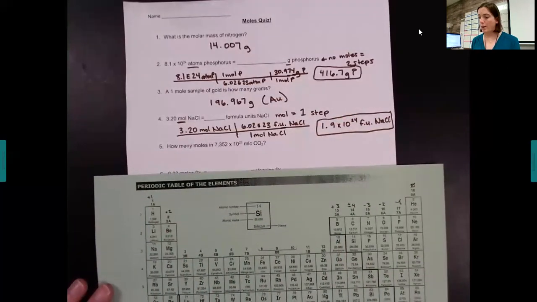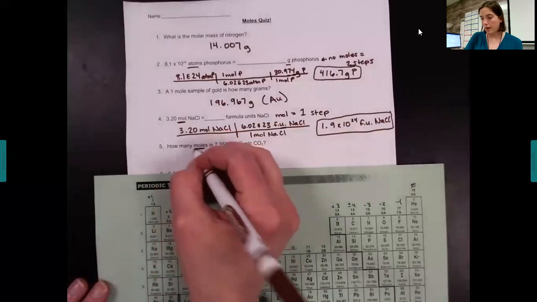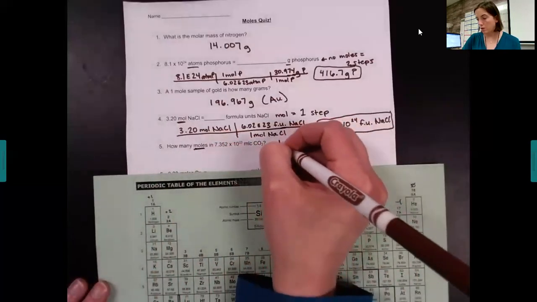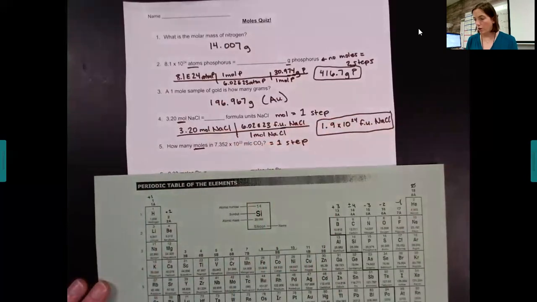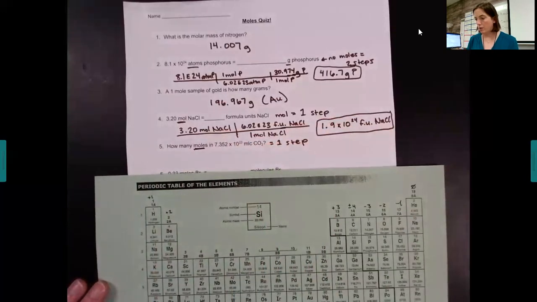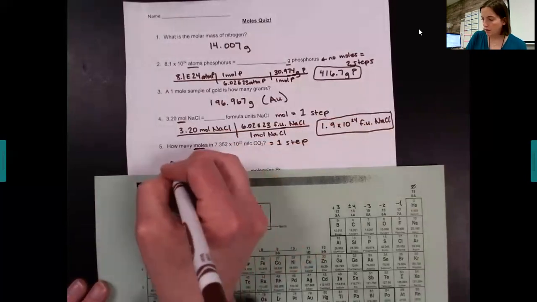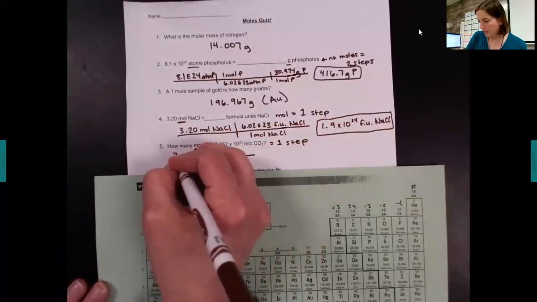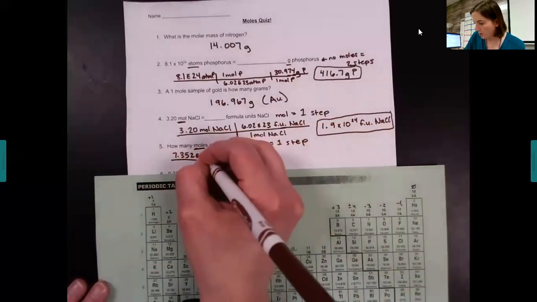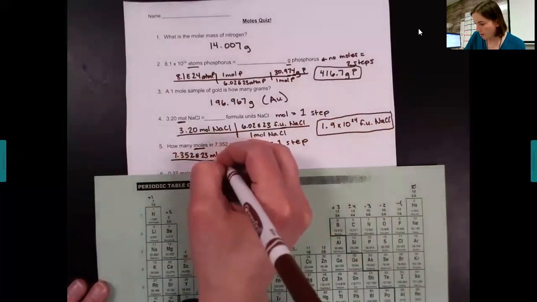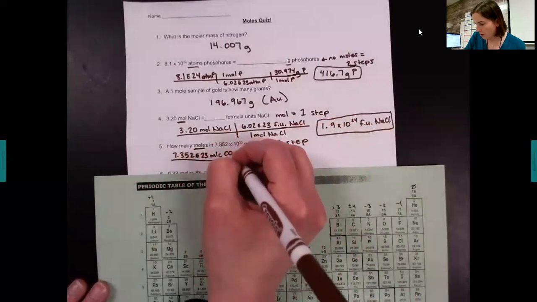Number 5, how many moles in 7.352 times 10 to the 23rd molecules? Again, says moles, so we know this is a one-stepper. How many moles in 7.352 E23 molecules of CO2?